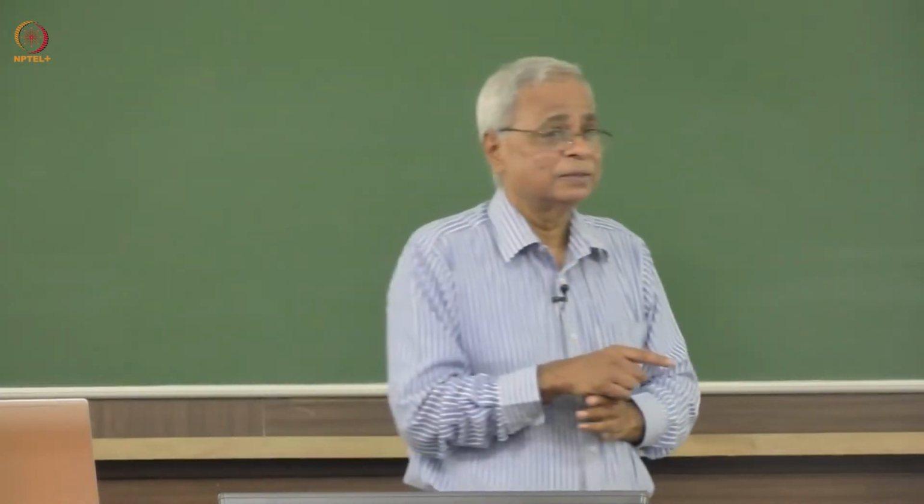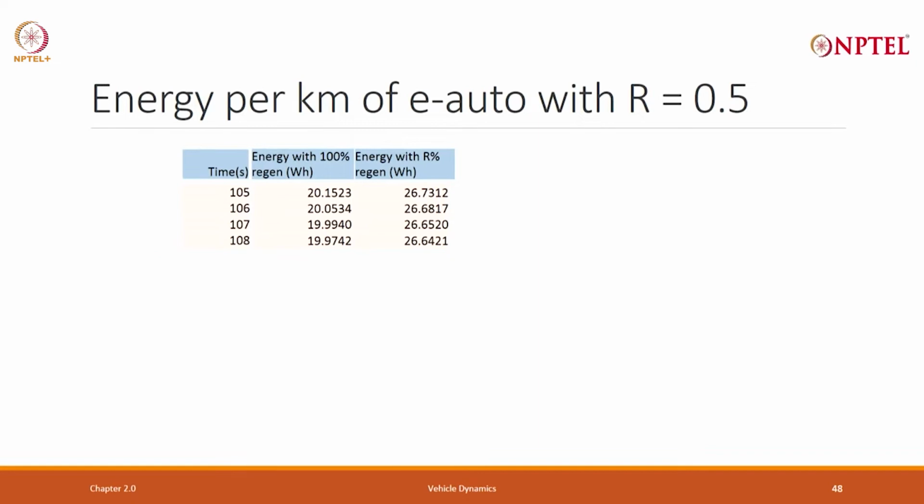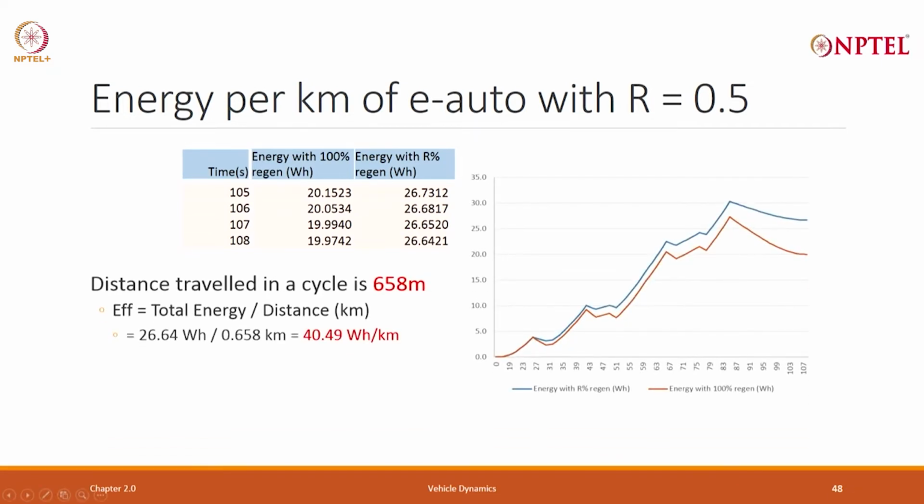And remember that when I am decelerating or climbing down, in this case there was no climbing down, then I get negative energy consumed. Now, here I have to put in the factor, what is the regeneration efficiency. As I do that, I actually get this, and this is the energy required. If you take 100% efficiency, you get this, and this is the energy required if you take into account the regeneration efficiency of 0.5.